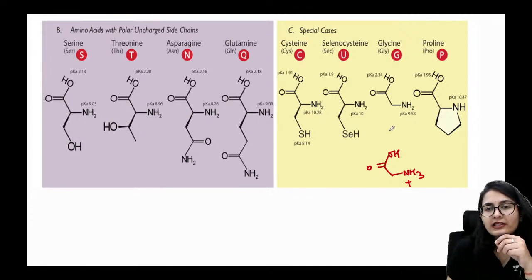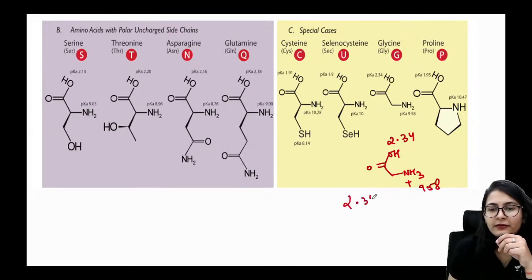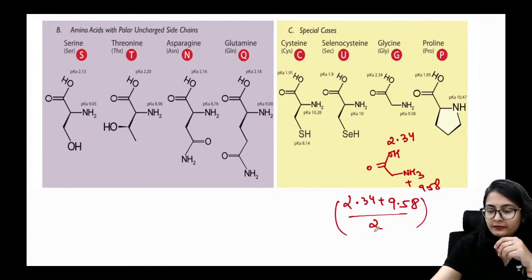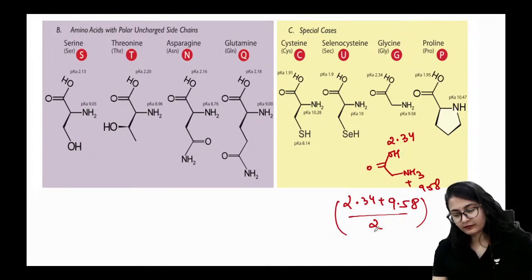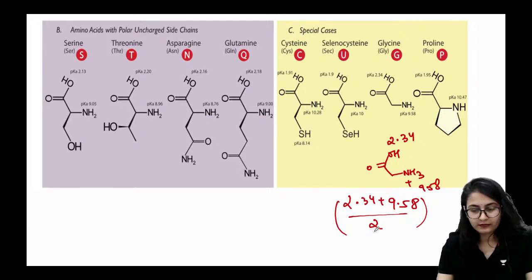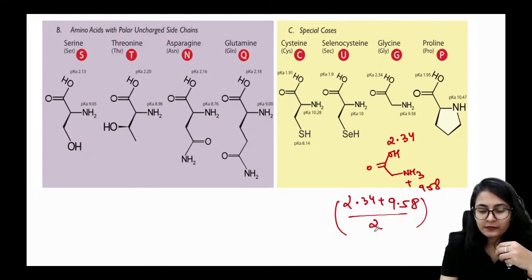So now guys, what do you see? The pKa value of the carboxylic acid is 2.34. For the amine it is 9.58. Add 2.34 plus 9.58 and divide by 2. How much is that? Very, very simple this is.